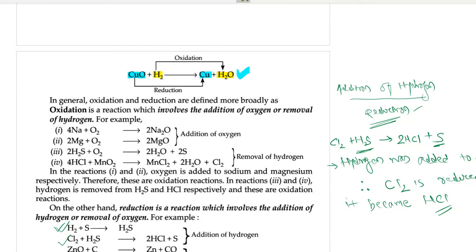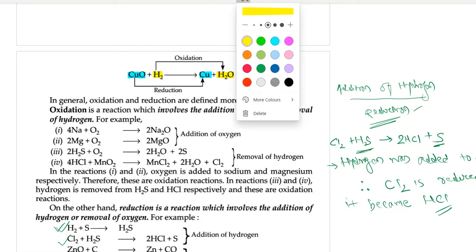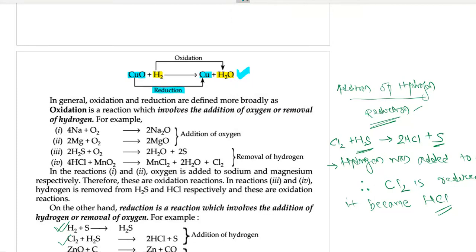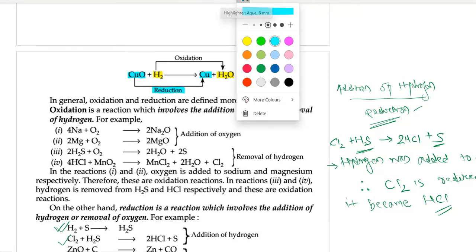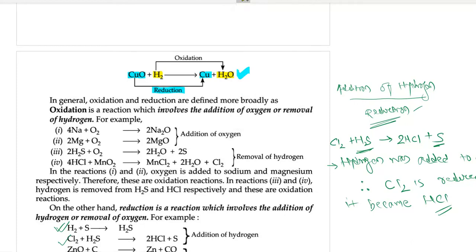So the conversion of copper oxide to copper is known as reduction. But the conversion of hydrogen into water is known as oxidation. So in this reaction, both are happening simultaneously. That's why it is a redox reaction. Copper oxide to copper is reduction, hydrogen to water is oxidation.